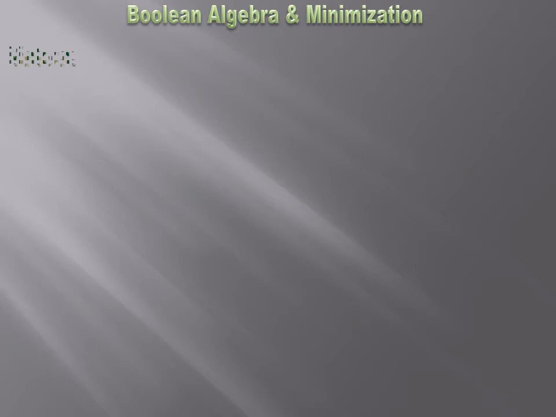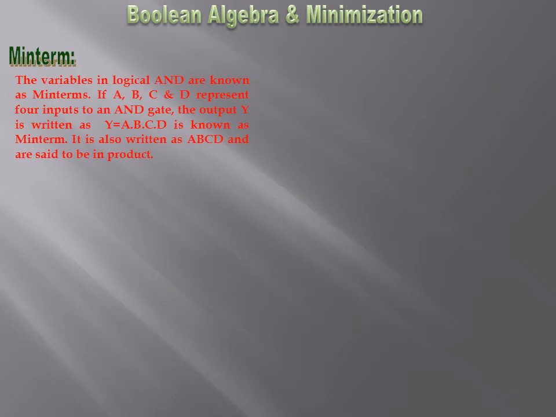Boolean algebra and minimization. In Boolean algebra, we'll come across the term called minterm. It is the variables in logic AND.